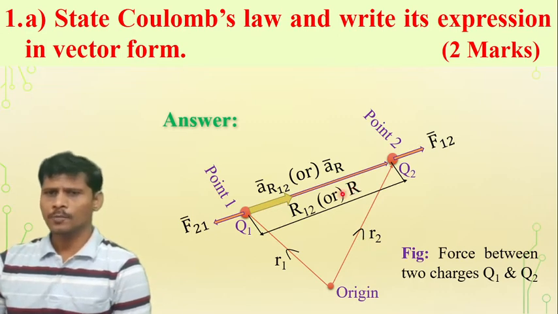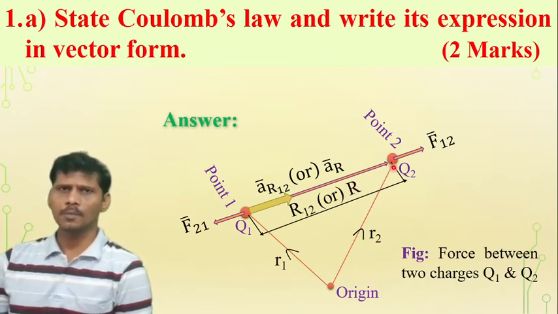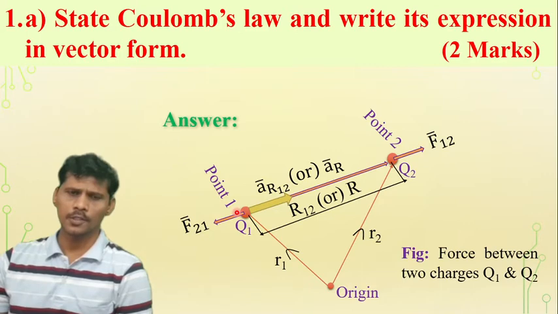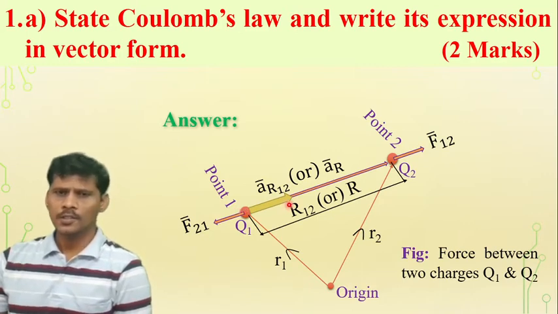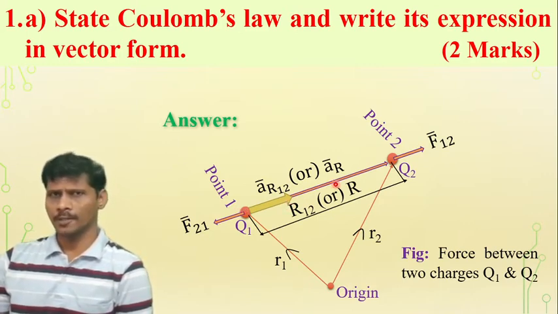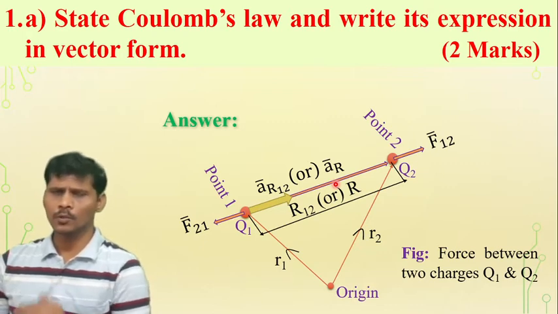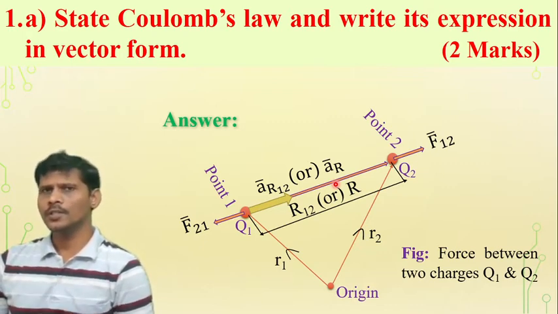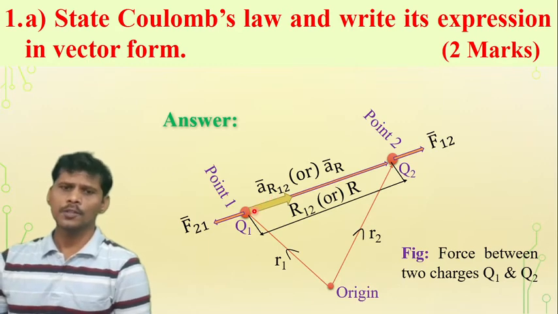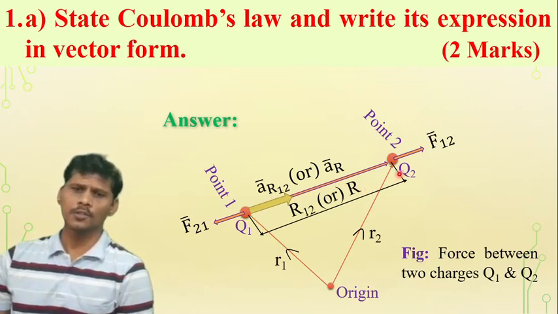So here the force is calculated on the second point charge due to the first point charge. Along this direction, the unit vector is aR bar, where aR12 bar is the unit vector directed from the first point charge Q1 to the second point charge Q2.